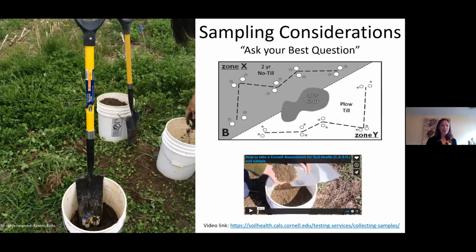And when you're thinking about this, we recommend approaching the field with a W or an M shape, as you can see here on the screen. And what you would do is each one of those points, you would take a subsample and a penetrometer reading, which I'm going to talk about more later. And then at the end of completing your W pattern across the field, you would combine those samples, mixing them super well in the bucket, and then you would pull out a 4 to 5 cup subsample, which gets sent to our lab.